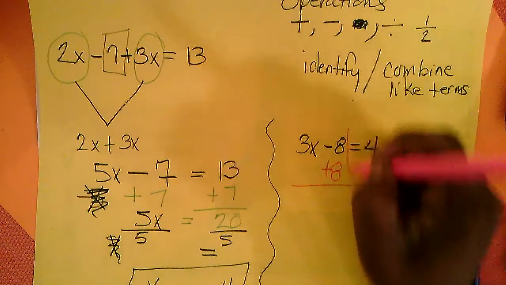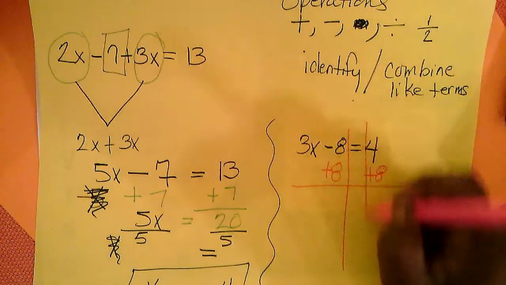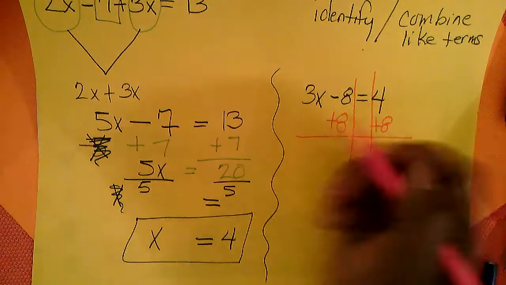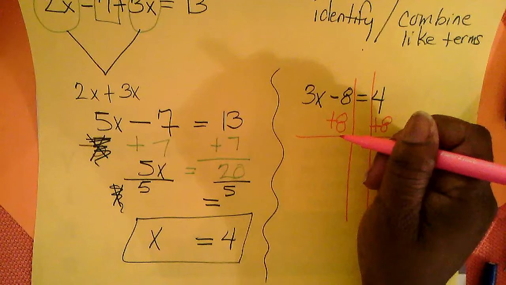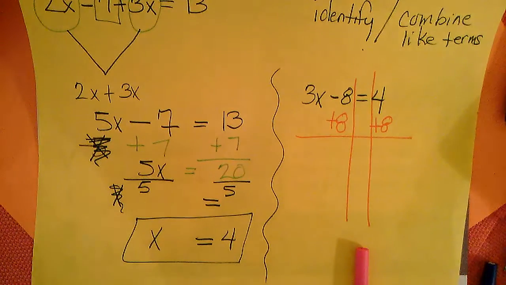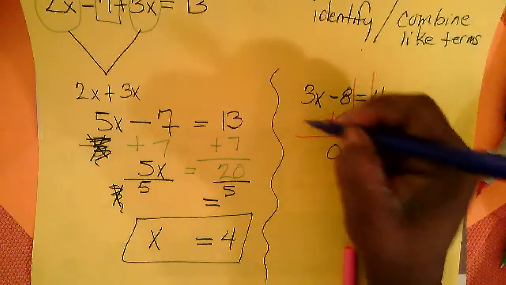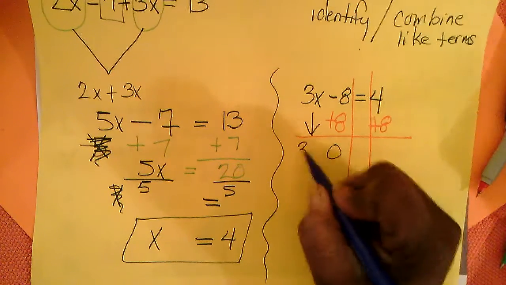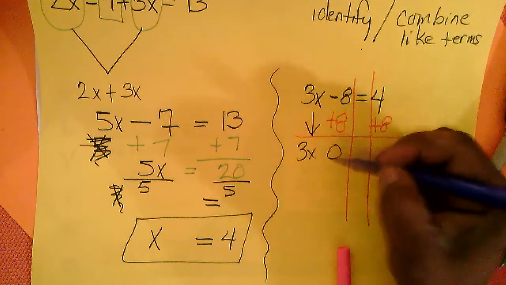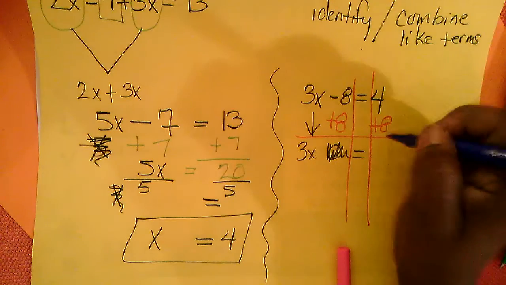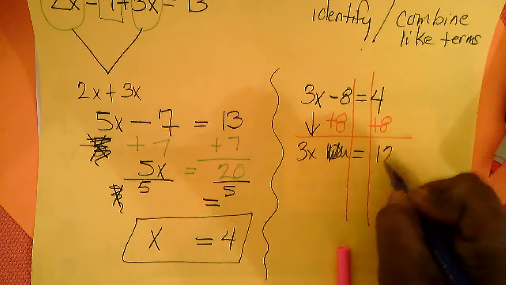Now, I like to leave my little train tracks here so that I can keep everything separated and it looks nice and neat. So negative 8 plus positive 8 gives us 0, so nothing there. We're going to bring down our 3x equals 4 plus 8 is 12.